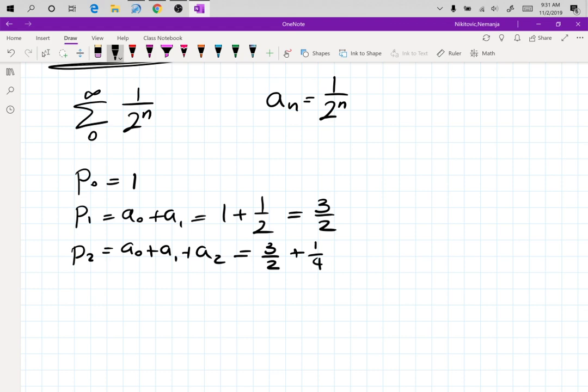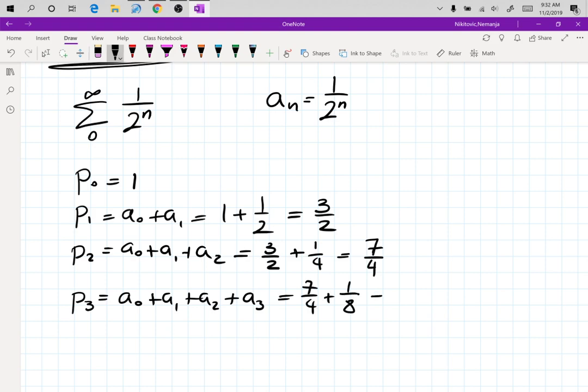Because that's A2, n is 2, 2 squared is 4, so 1/4. And when you add all of these, you get 7/4. Yeah, we're going home after this exam. A0 plus A1 plus A2 plus A3 is 7/4 plus 1/8. That's going to make this 15/8.